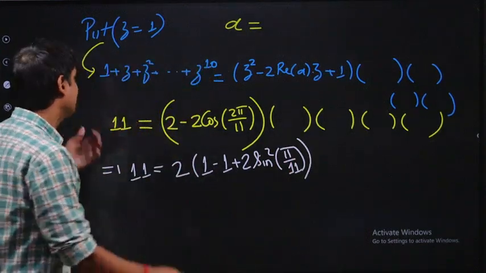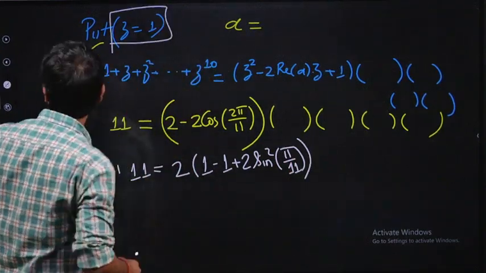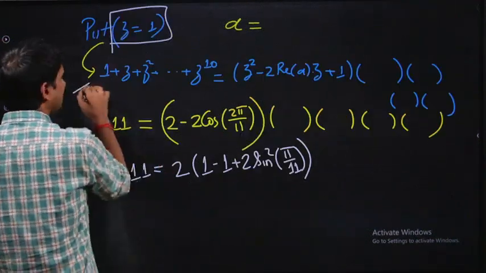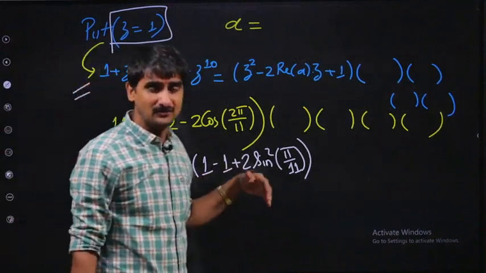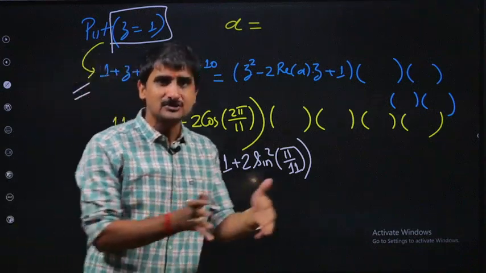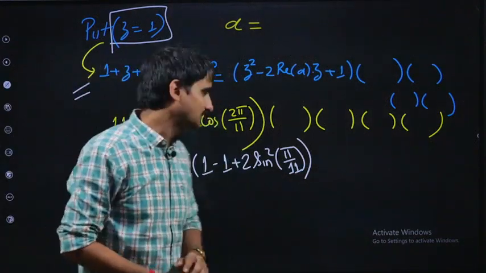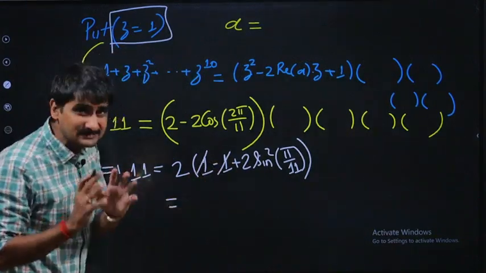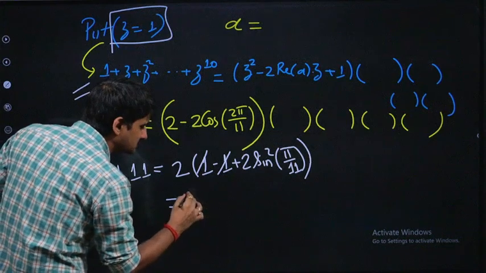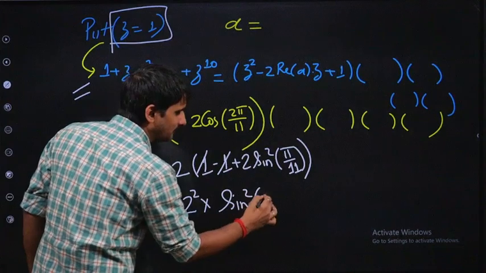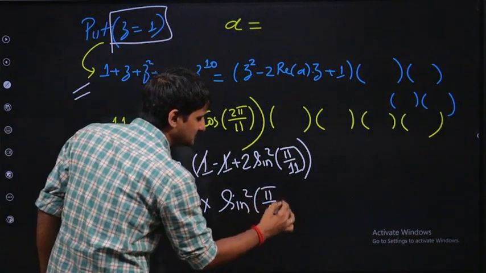When we put z is equal to 1 in this relation, we are heading towards the product of sine terms. Now 1 and 1 get cancelled. So the first bracket itself gives us 2 square into sine square of pi by 11.